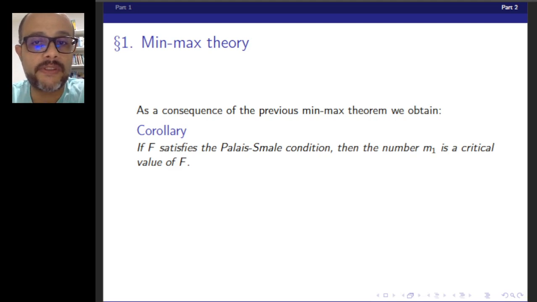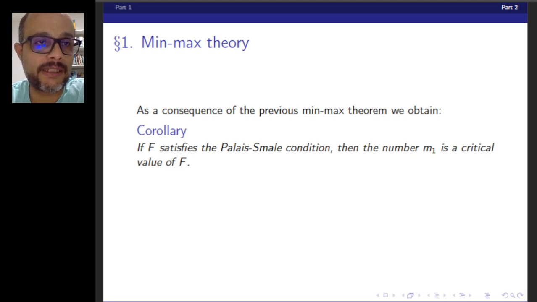The corollary says that if f is the functional defined a few slides before, and if f satisfies the Palais-Smale condition, then the number m1 is a critical value of f. This is an immediate consequence of the previous theorem.